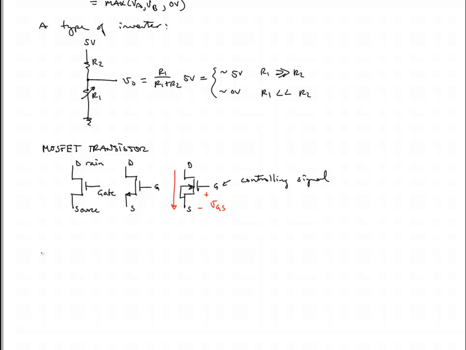As a reminder, for the ideal diode, with an I forward and a V forward, V forward is equal to 0 when IF is greater than 0, and IF is equal to 0 when VF is less than 0. We're going to do a similar thing with the MOSFET.